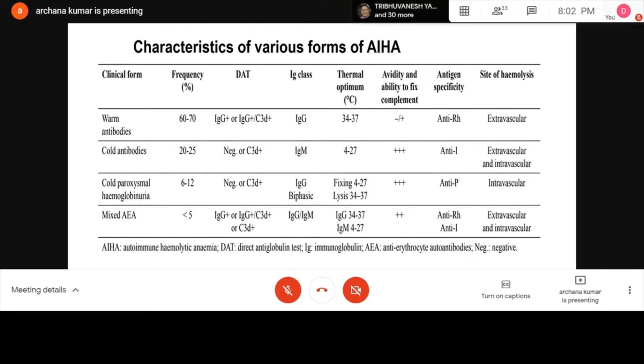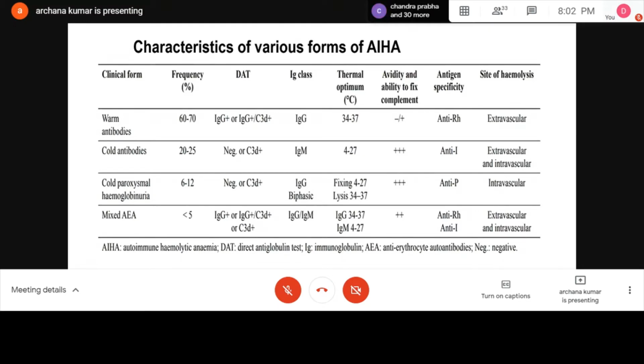But the lysis may occur later on, even at higher temperatures. They have a high ability to fix complement, and therefore it is mainly intravascular, and they are directed against the anti-P antigen on the surface of the RBC.